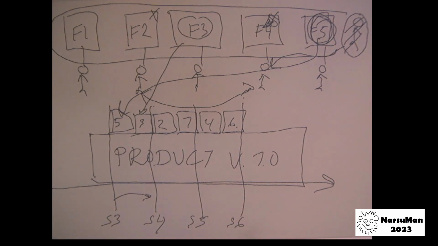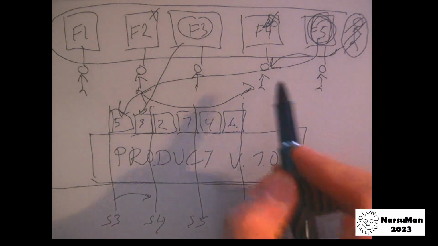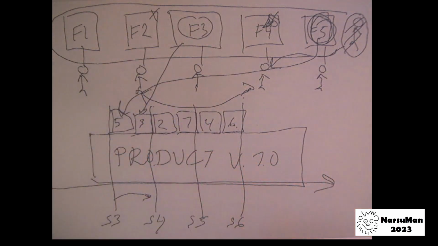And I hope that now you start to understand that we have to own these features. But what does owning the feature mean? Is it the coding, or is it the designing or planning or delivery or testing?